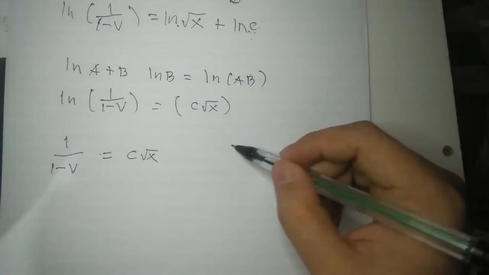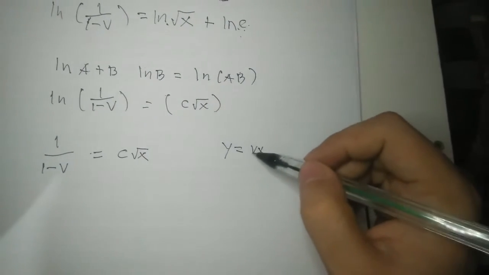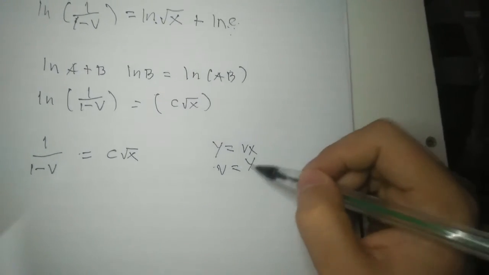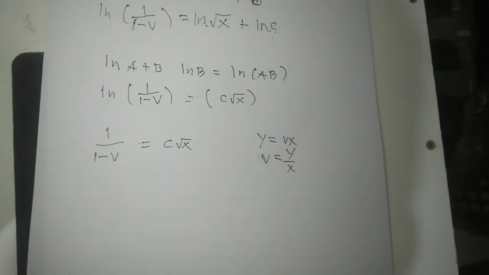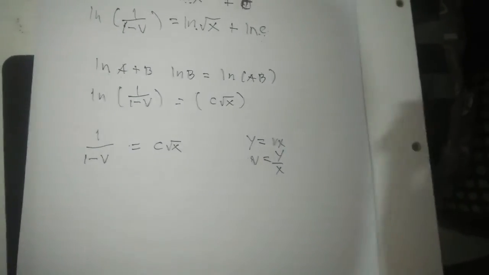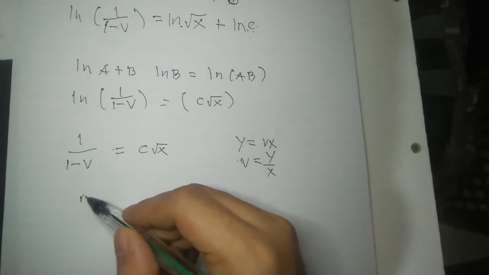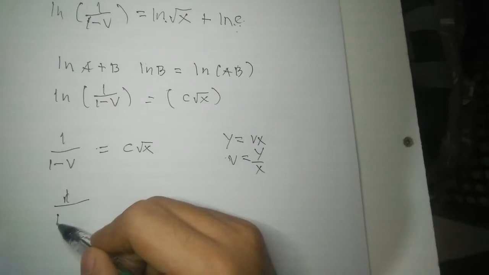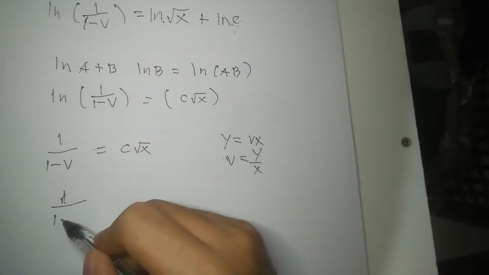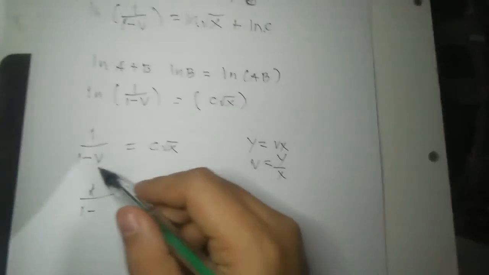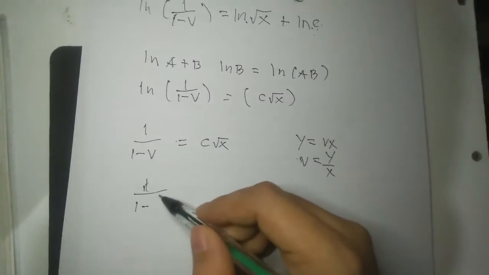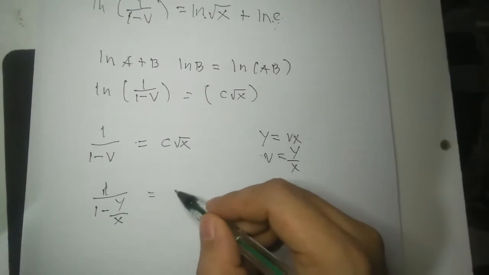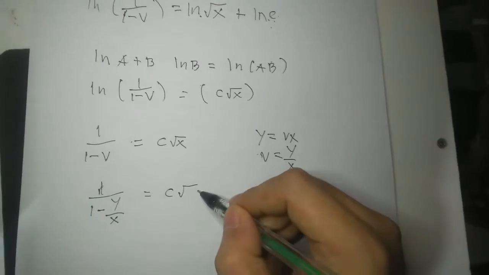We know that y equals vx, so v is now y over x. So we replace it, and this will become 1 over (1 minus y over x) equals c times the square root of x.